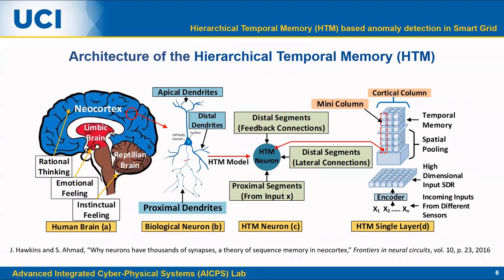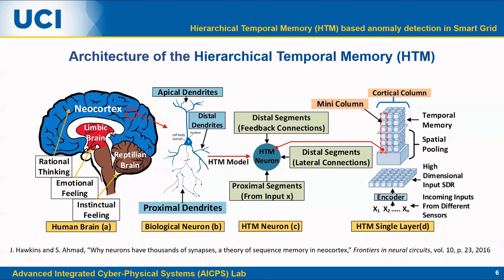Now we are going to explain the HTM architecture. HTM architecture is inspired by neuroscience. We know that our neocortex has biological neurons, and these biological neurons have three different dendrites: apical dendrites, distal dendrites, and proximal dendrites.